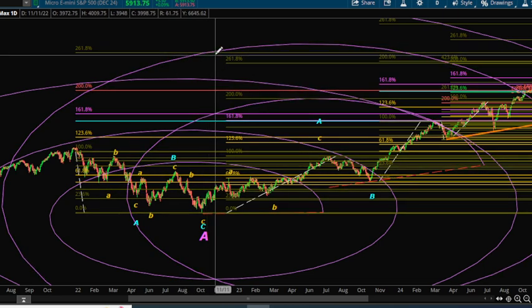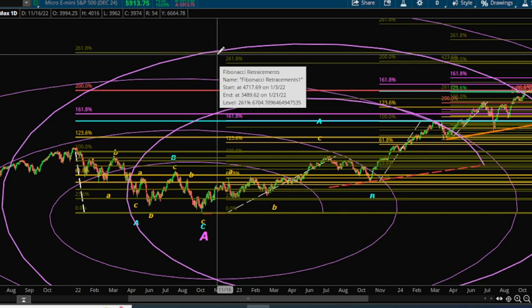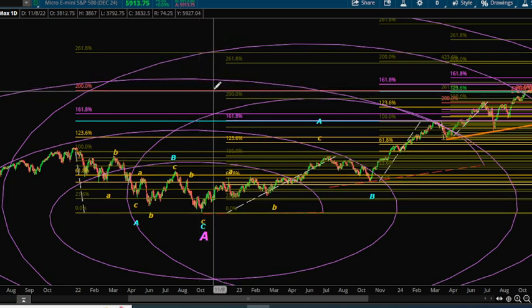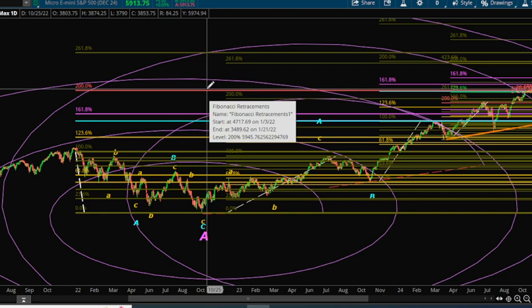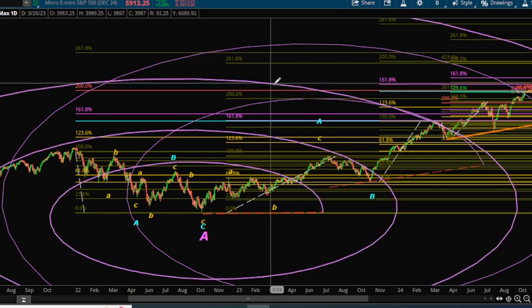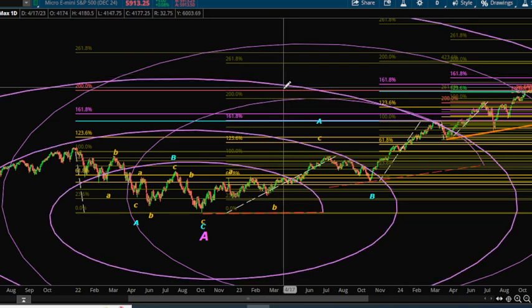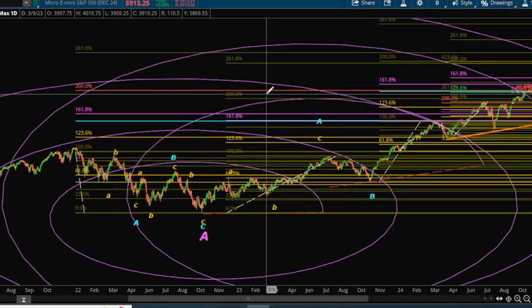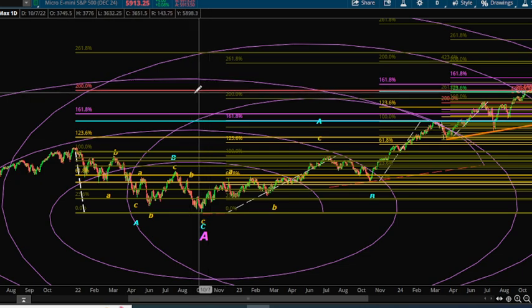I'd be surprised if it went that far. I'm thinking the 200 is where we're going to be looking to turn, but it doesn't really have to go all the way to 261. It can go halfway and do all kinds of things, but we're going to see. I'm going to anticipate some kind of reaction here on the 200.